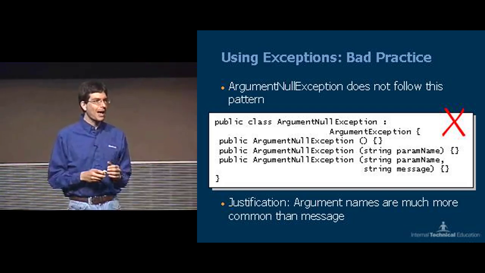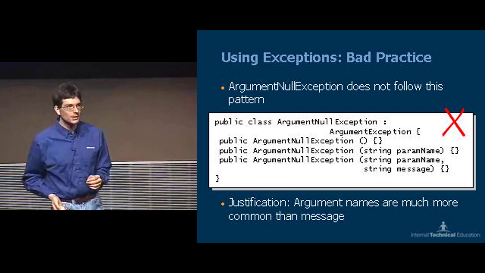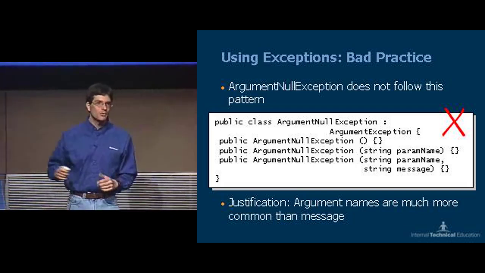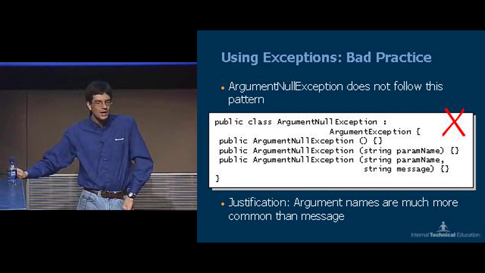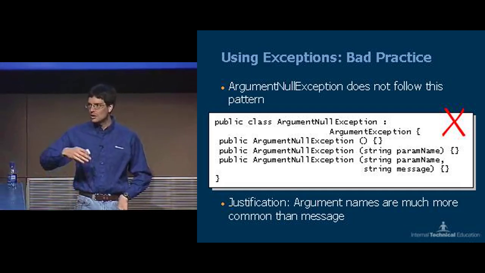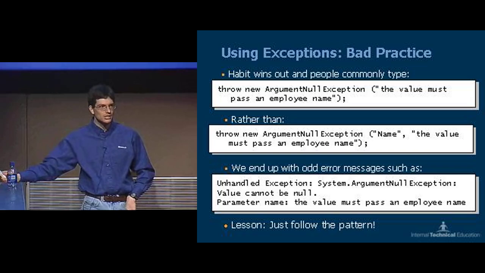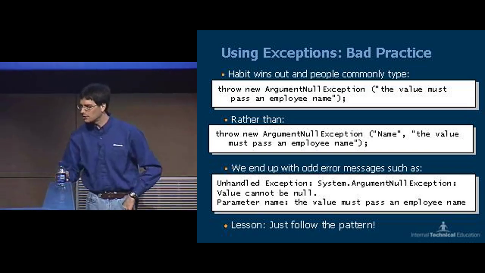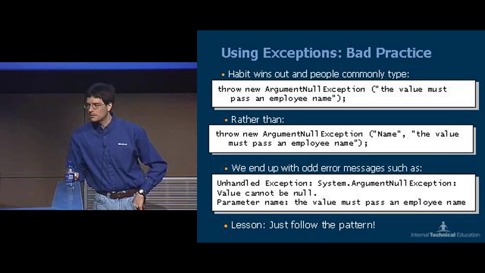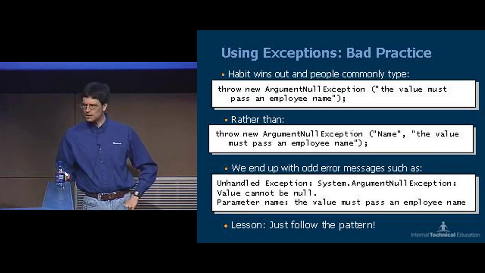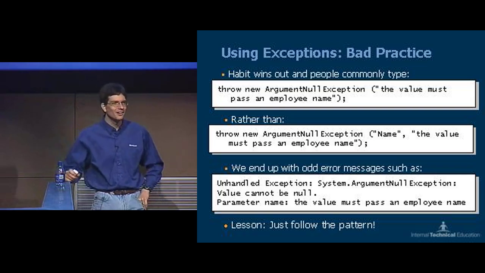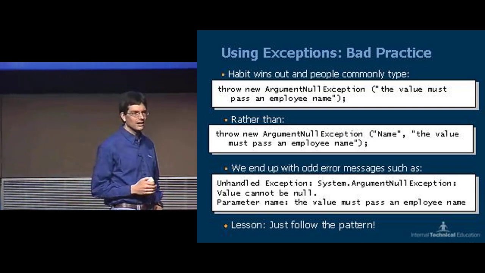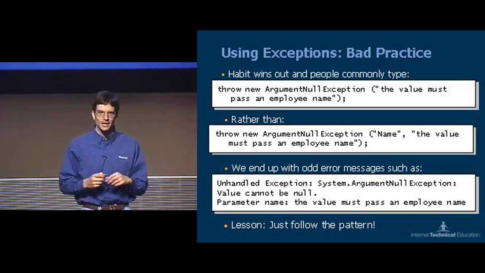So what do you think happened? You might have actually experienced it. I got an email from somebody on the Indigo team the other day saying a huge percentage of their error messages in Indigo were coming out like this: ArgumentNullException, the value cannot be null, parameter name, the value must be passed. It's a very bizarre error message because it says parameter name.